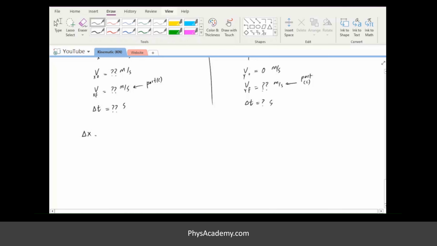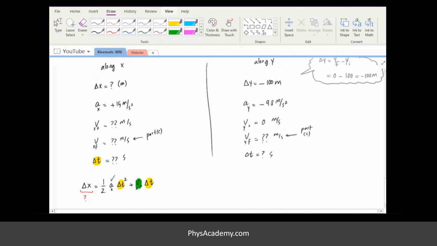Alright, again, let's start with equations of motion. Along x, I have the following equation. Here our goal is to calculate delta x. Acceleration along the x-axis is given 15 meters per second squared, but we don't have any particular values for delta t and the initial velocity along the x-axis.